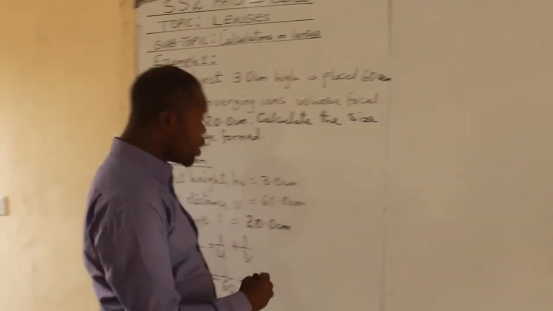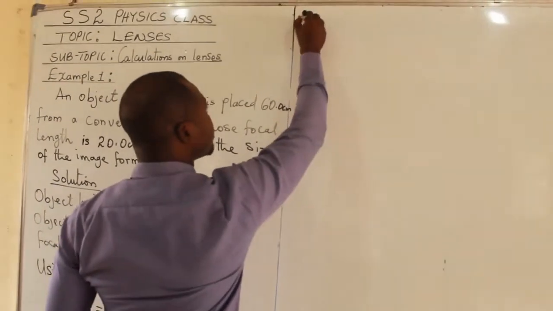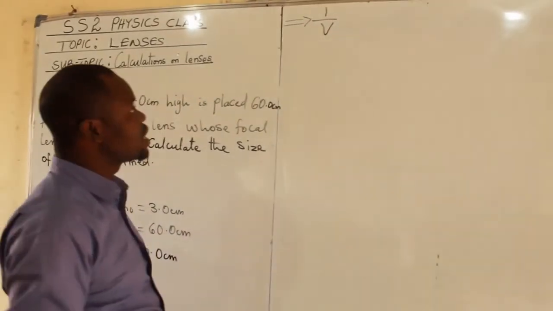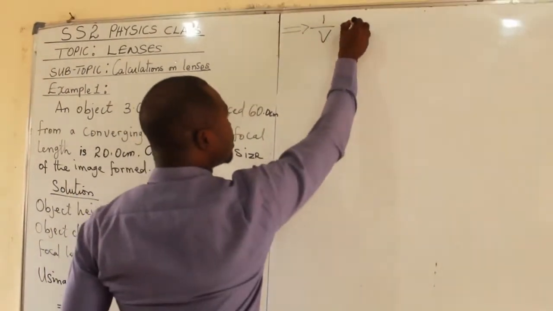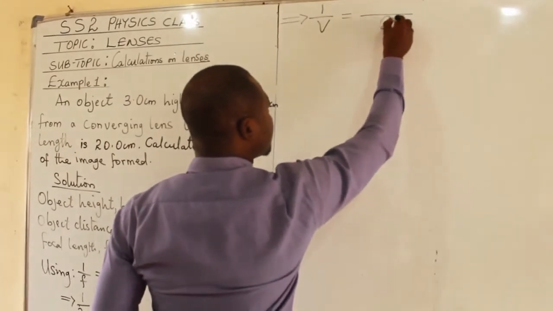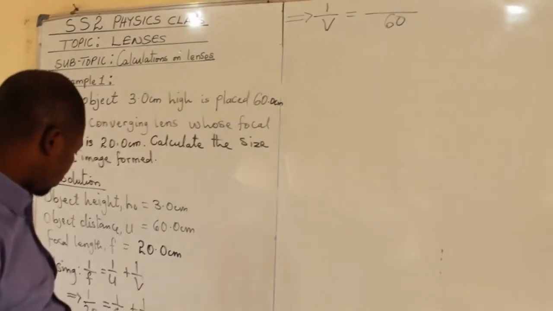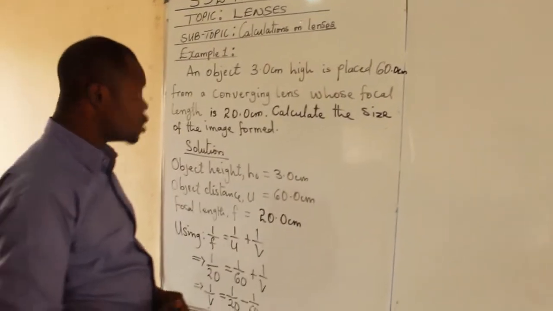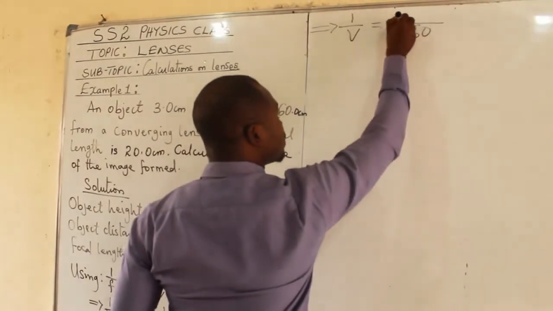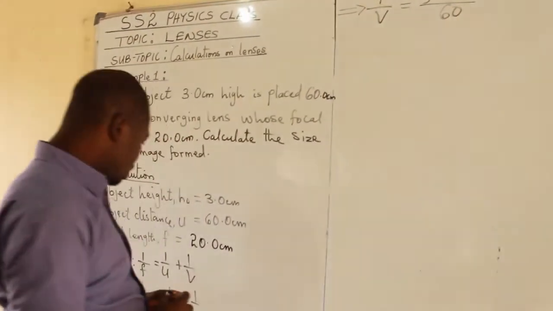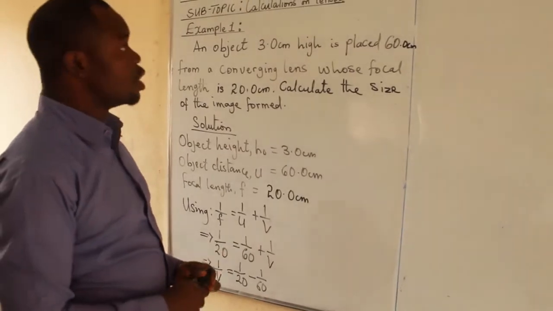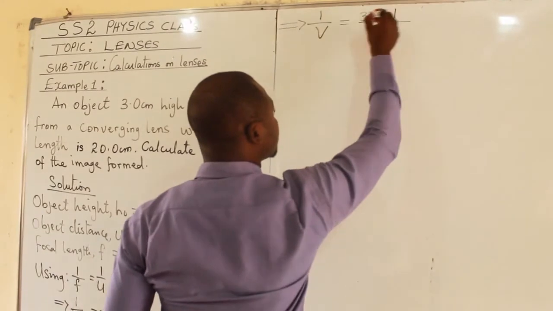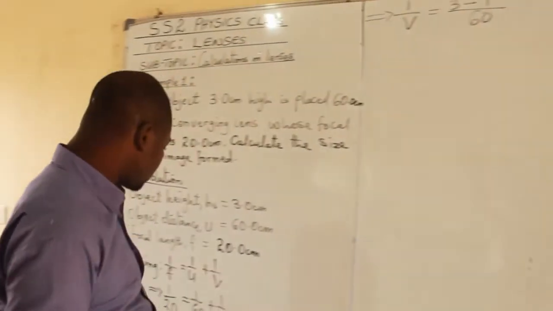From here you can find the LCM. The LCM of 20 and 60 is 60. Then 1 over 20, 20 in 60 is 3, and 3 times 1 gives 3. Minus, 60 in 60 is 1, and 1 times 1 is 1.